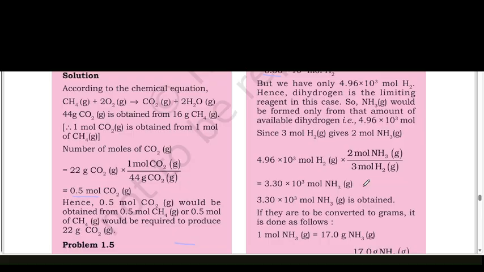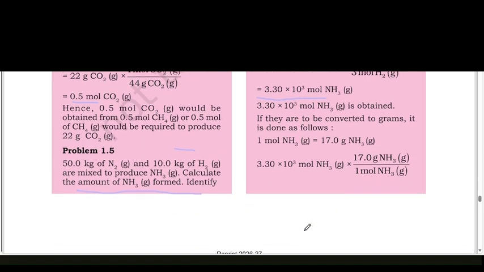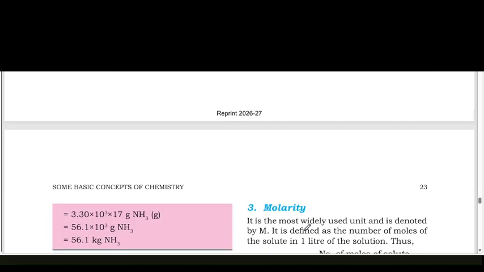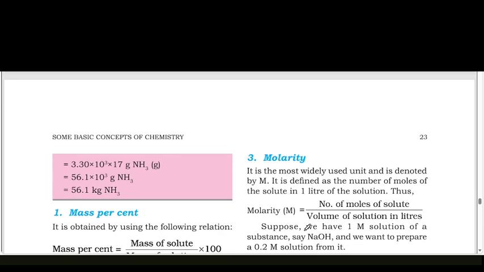NH3 would be formed as 4.96 into 2 by 3, because 2 moles of NH3 are formed and 3 moles of H2 are required. So 3.31 into 10 to the power 3 moles NH3 is obtained. Now if you want the conversion in gram, you can do it.